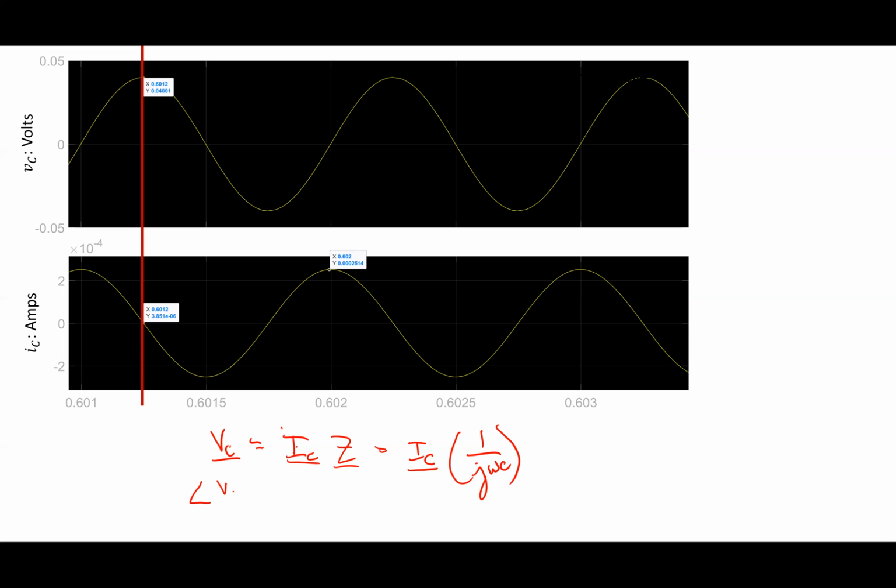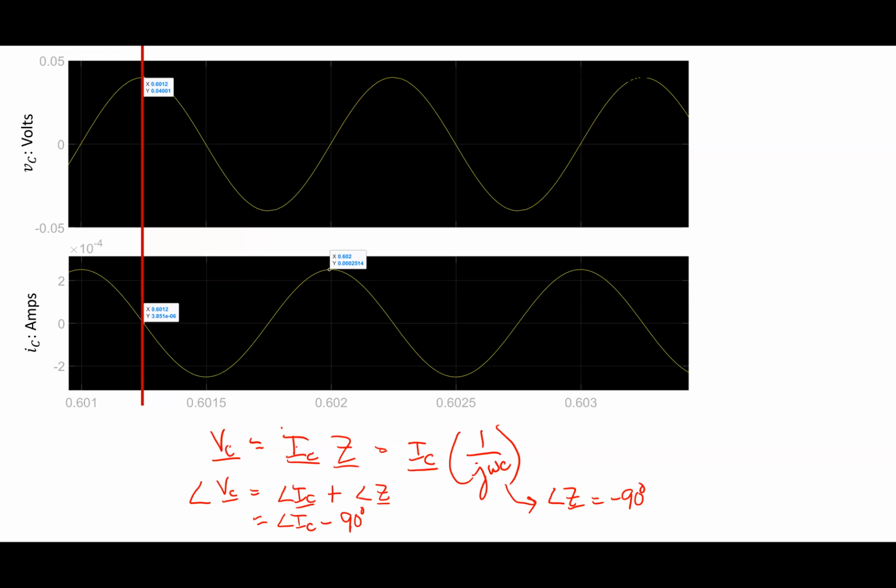The angle of V sub C is equal to the angle of I sub C plus the angle of Z. In this case, this impedance is 1 over J, which has an angle of -90 degrees. So the angle of V is the angle of I sub C minus 90 degrees.